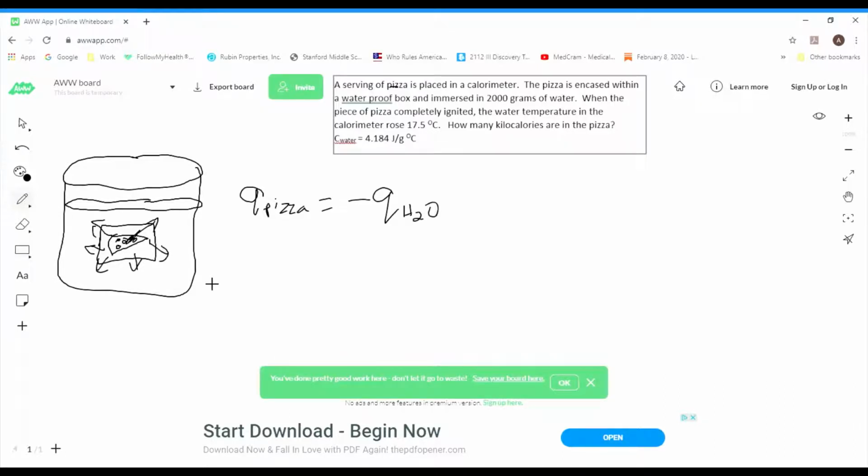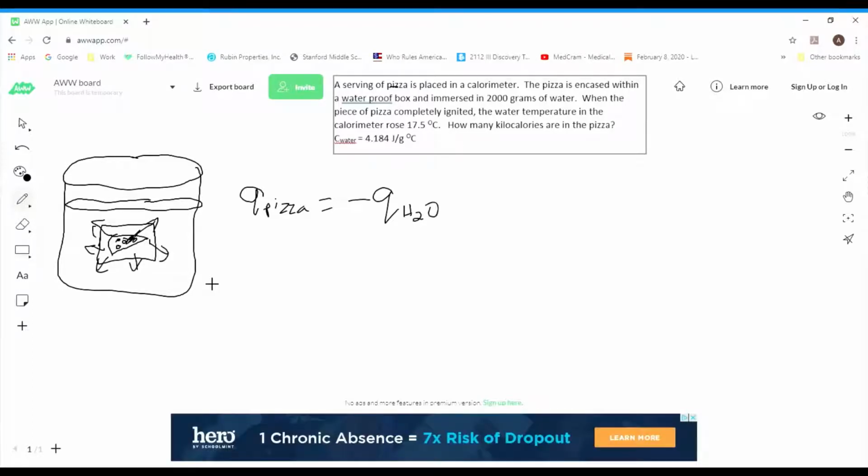The Q of the pizza will be our calories, or the energy inside the pizza. We're going to figure out the Q of the water, and the negative of that is the Q of the pizza. So what we need is the Q of the water.